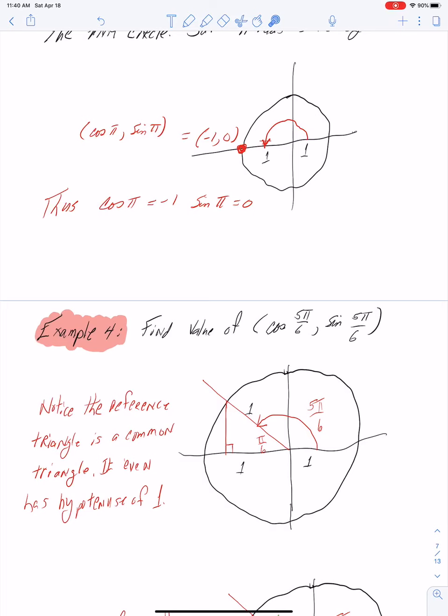All right, but so 5 pi over 6, there's my terminal side. I'm pi over 6 short. Now, I take this point on the unit circle on the terminal side, and wherever I am, I drop a perpendicular to the x-axis. That gives me a right triangle.